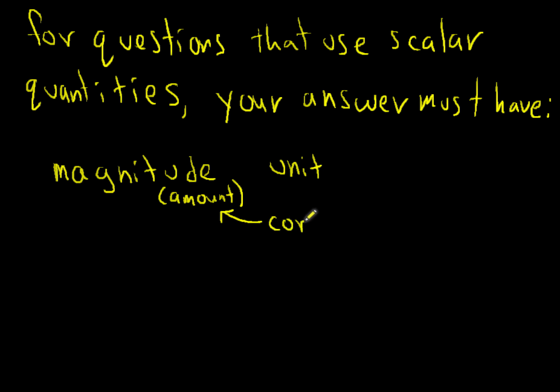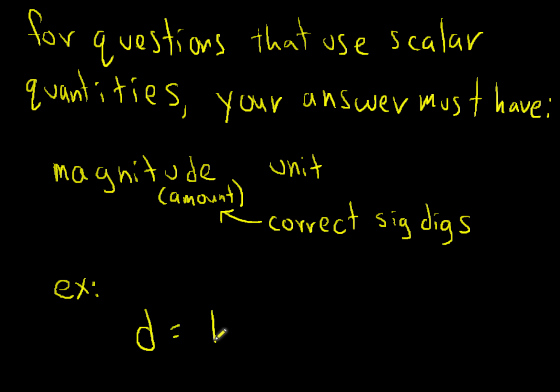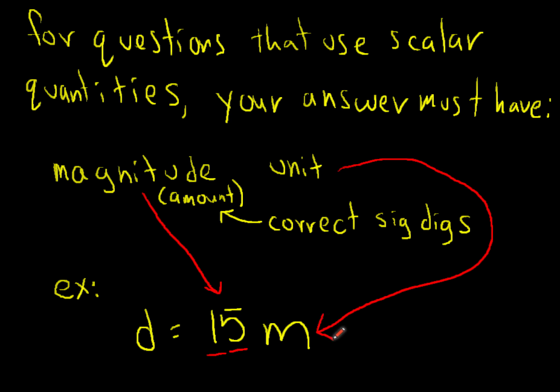And this magnitude must also have correct significant digits. For example, the measurement d equals 15 meters, or distance equals 15 meters. The magnitude is the number 15 with 2 significant digits, and the unit is the meter. Both pieces are important for a correct answer.